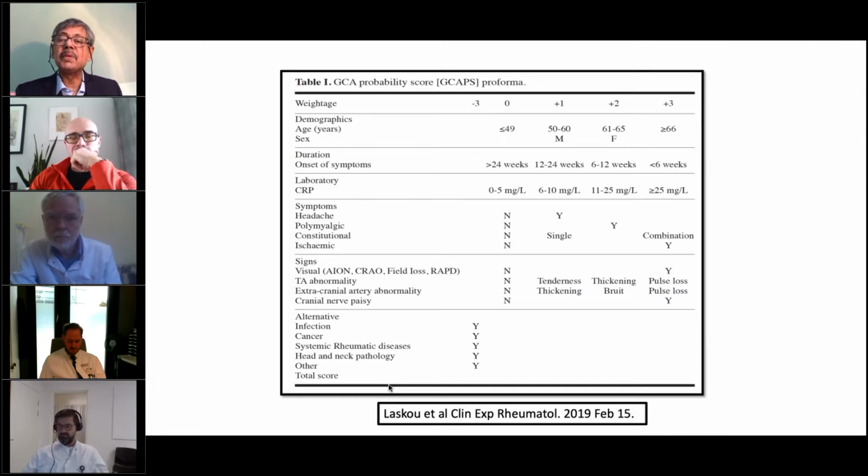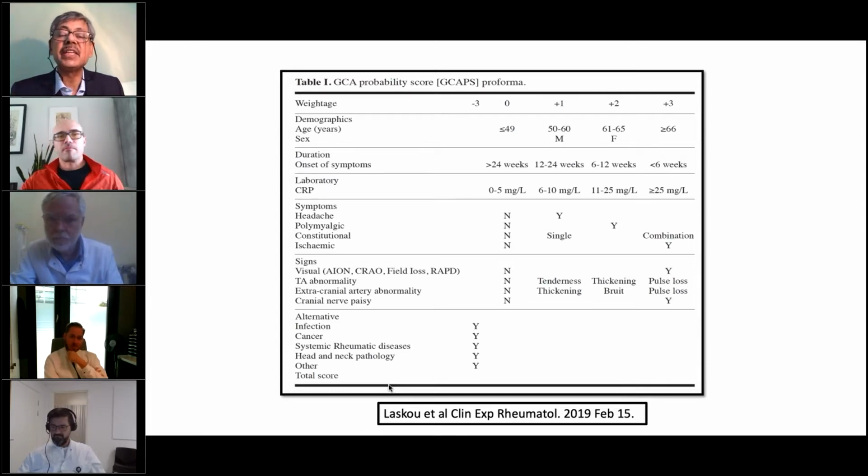It has multiple manifestations, and therefore you're bound to be referred patients who do not have GCA or have one of the GCA mimics, and then you will have to disentangle from this actually which patients actually have GCA. So we have to triage the patients, otherwise the fast-track clinic is going to get overwhelmed.